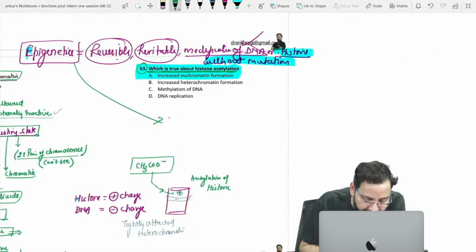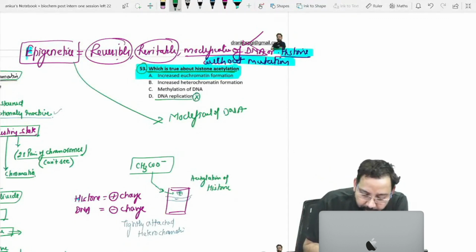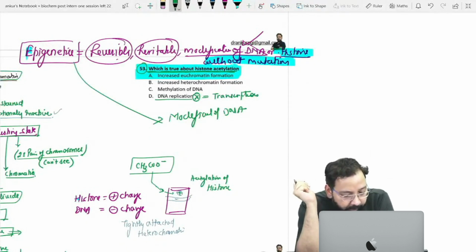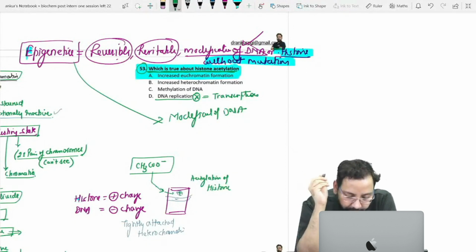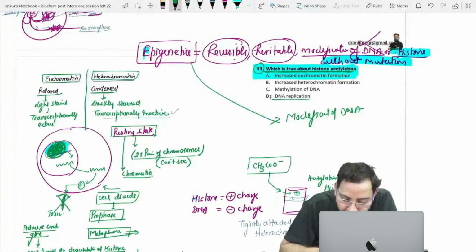Another type of epigenetics is modification of DNA.